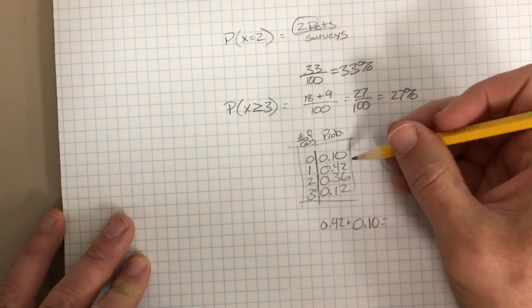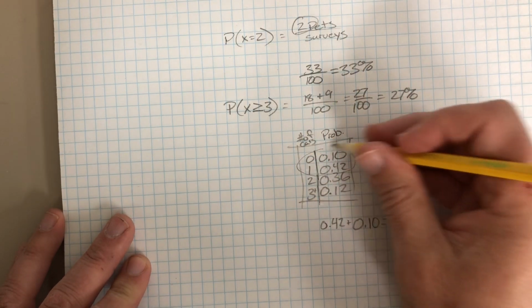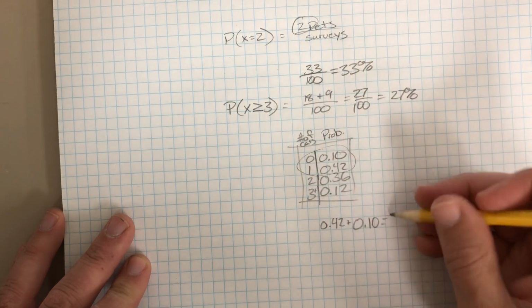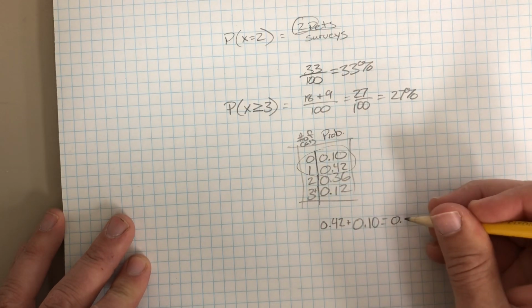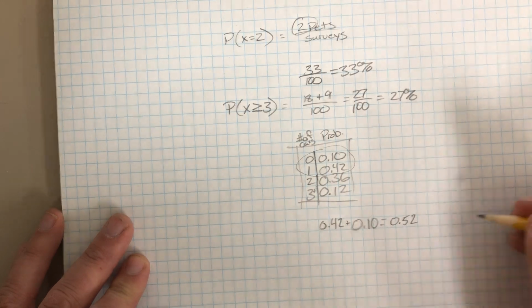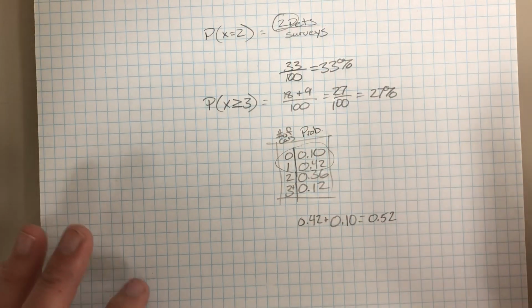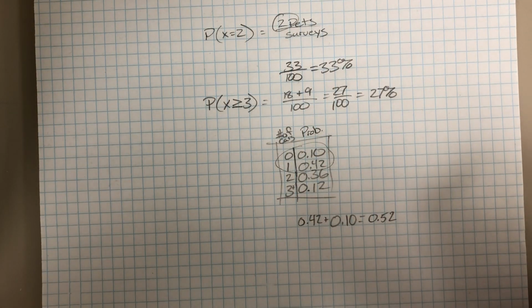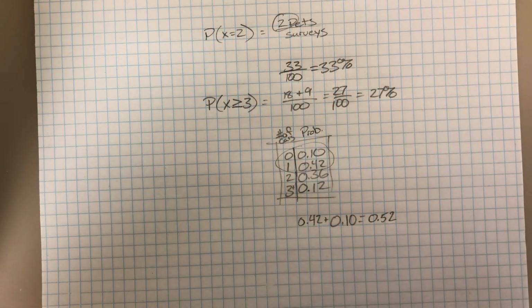So the total probability of having less than 2 vehicles would be adding those 2 together, which is 0.52. So the probability of having less than 2 vehicles is 0.52.